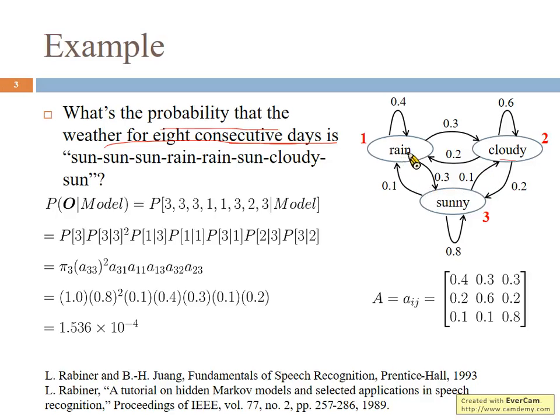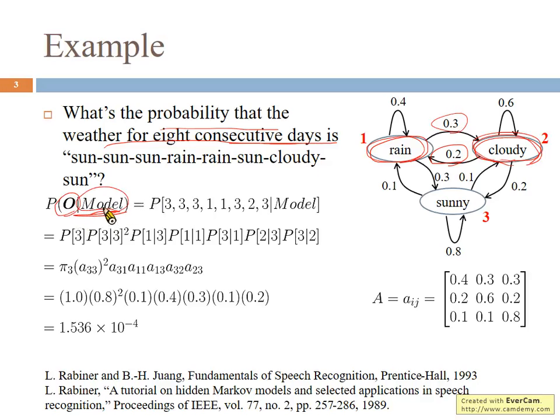For example, if the first day is rain, then the probability that the weather changes from rain to cloudy on the second day is 0.3, and the probability of changing from a cloudy day to a rainy day is 0.2, and so on. So this is an explicit Markov model, and the observation O, the 8 consecutive days, is sun, sun, sun, rain, rain, sun, cloudy, sun.